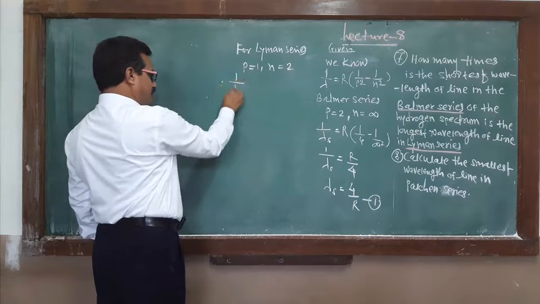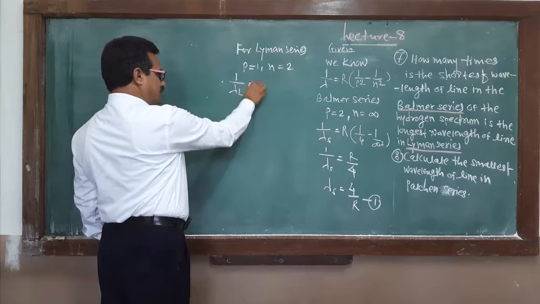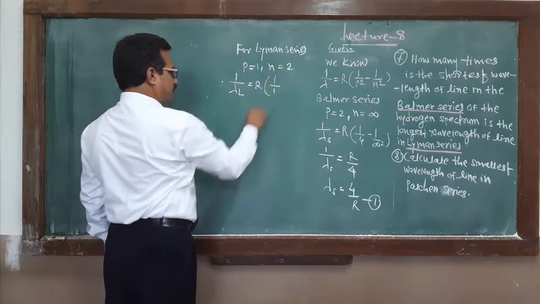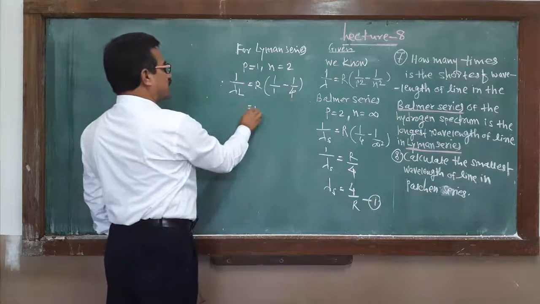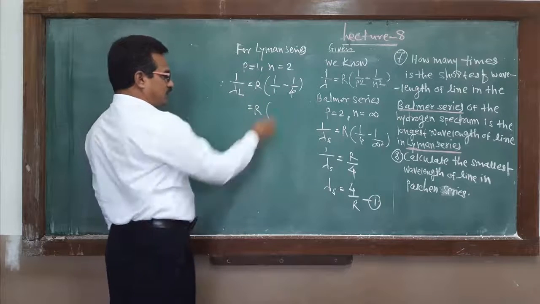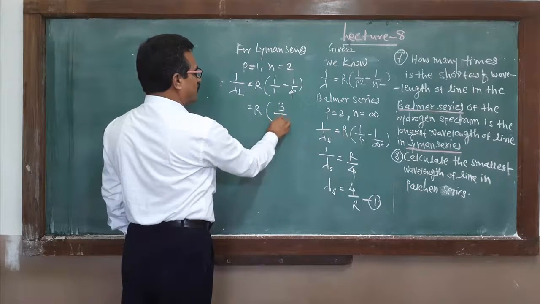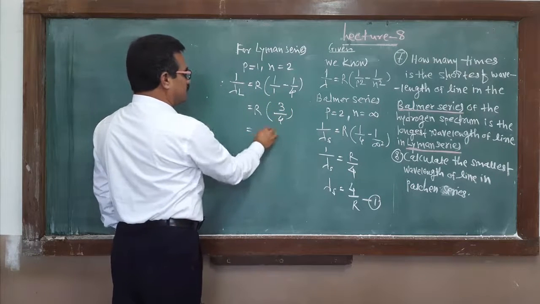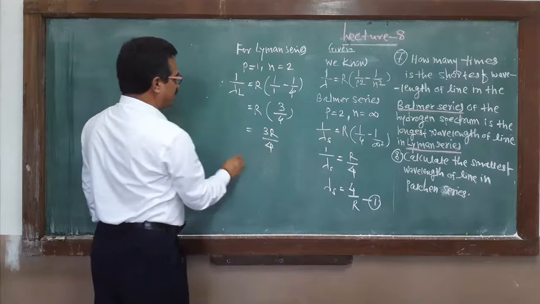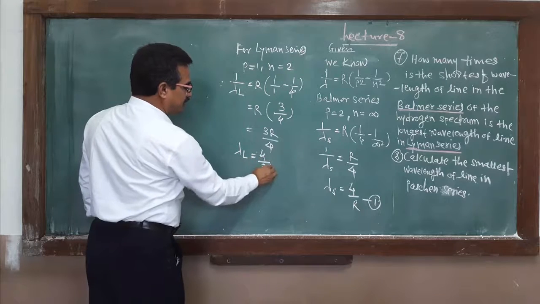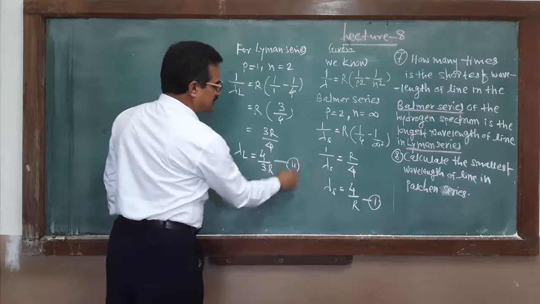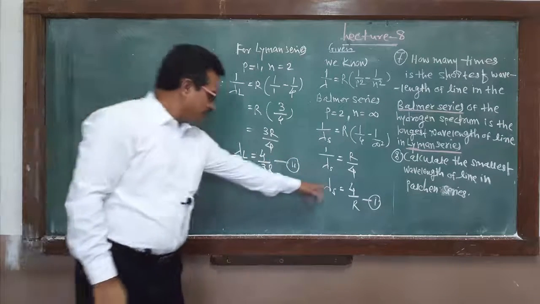Therefore, 1 upon lambda L is equal to R in bracket 1 upon 1 minus 1 upon 4. That must be equal to R in bracket 4 minus 1, 3 upon 4. That must be equal to 3R divided by 4. Lambda L is equal to 4 divided by 3R. Call this equation second.